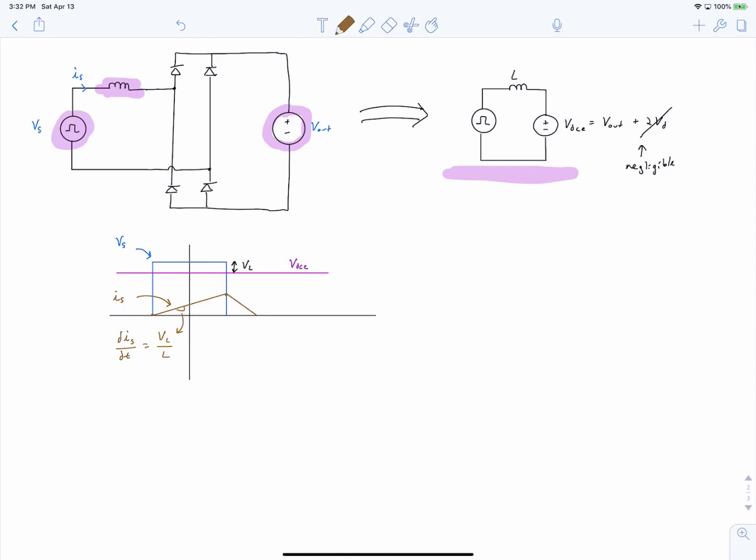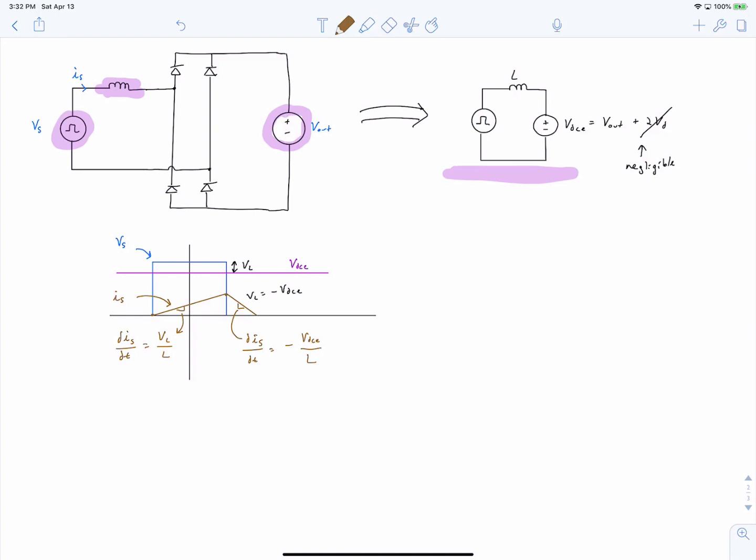And this current is going to decay at a rate determined by the voltage applied across it, which during this region right here, VL is going to be equal to a negative of VDCE, which gives us the following derivative for our inductor current.